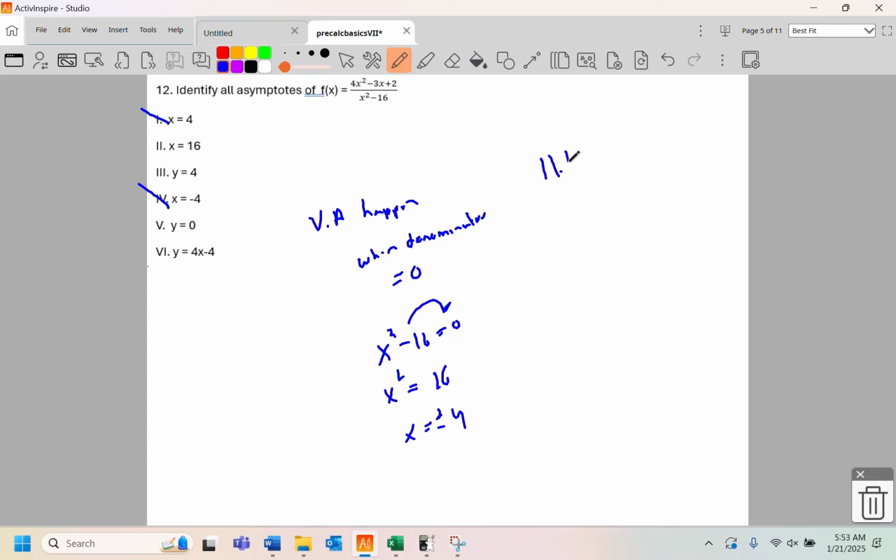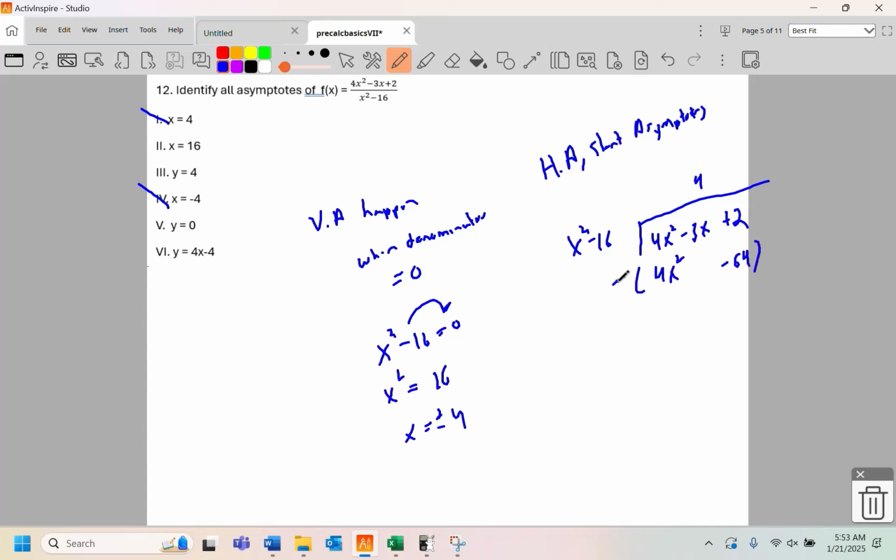Your horizontal asymptotes, your slant asymptotes, and all other asymptotes, you do long division. So we're dividing by x squared minus 16, and we're seeing if we can enter 4x squared minus 3x plus 2. And of course, there are shortcuts to this stuff. But to turn an x squared into 4x squared, you multiply by a 4, and you get 4x squared minus 64.